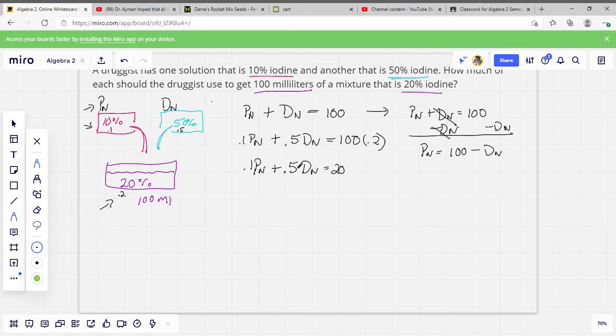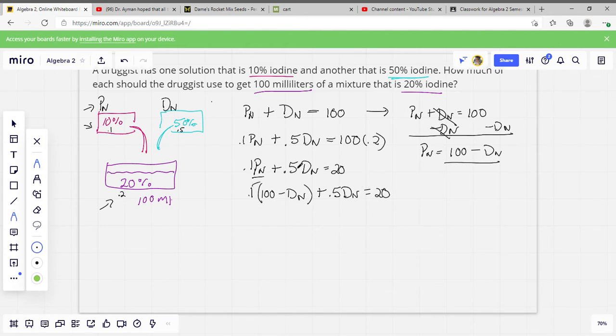So 0.1 times Pn, and we know Pn's value is 100 minus Dn, so we're going to say 0.1 times 100 minus Dn plus 0.5 Dn equals 20.